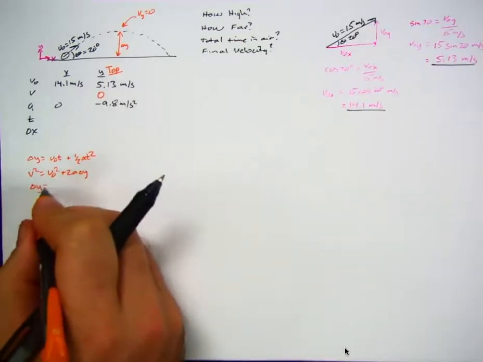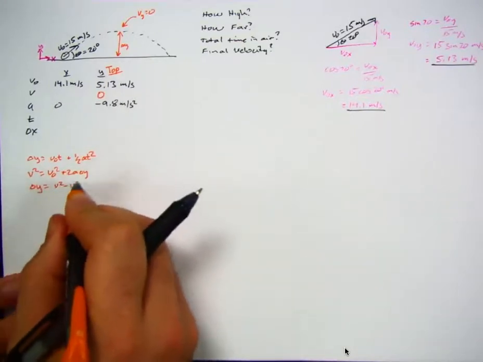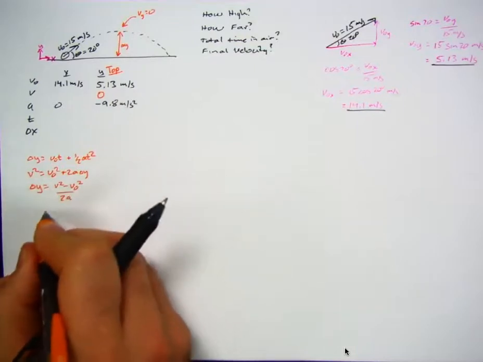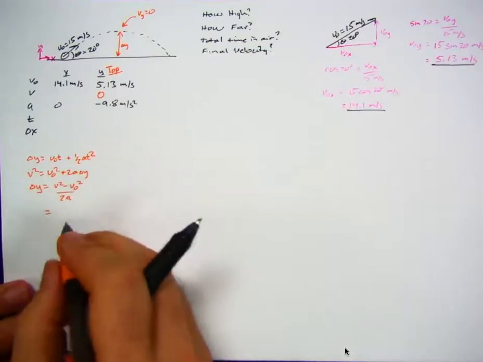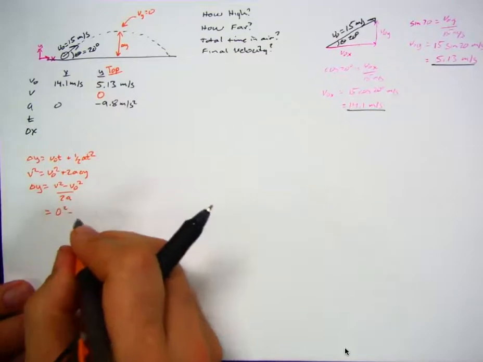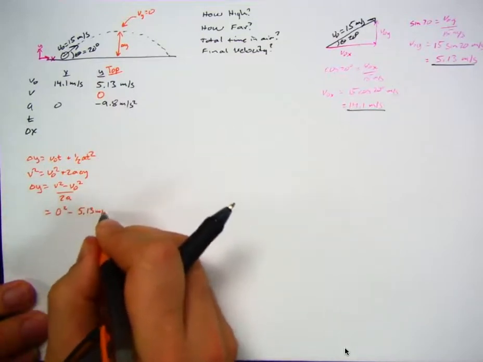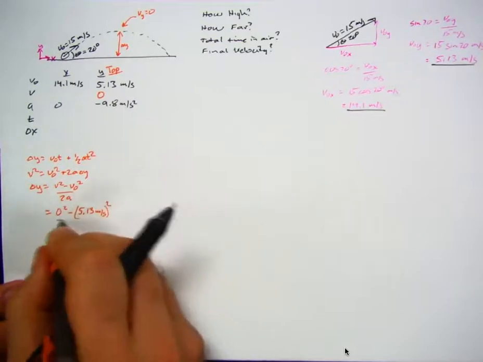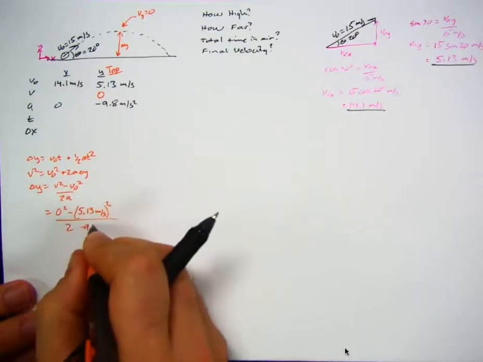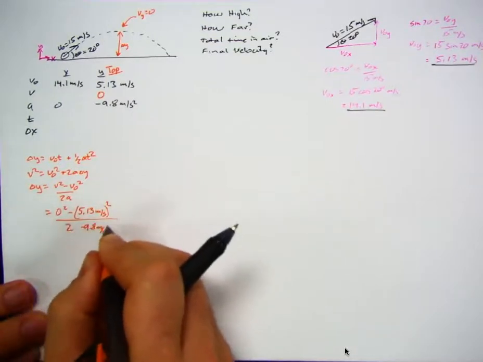So delta y is equal to v squared minus v0 squared all over 2a, or it's equal to 0 squared minus 5.13 meters per second squared all over 2 times negative 9.8 meters per second squared.